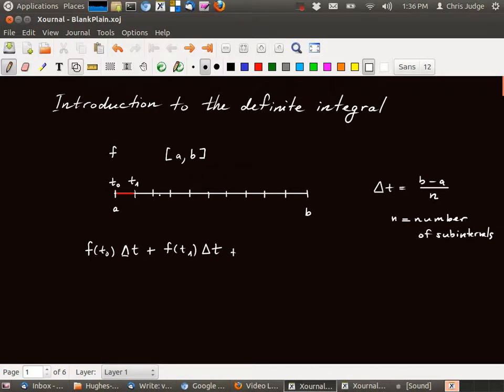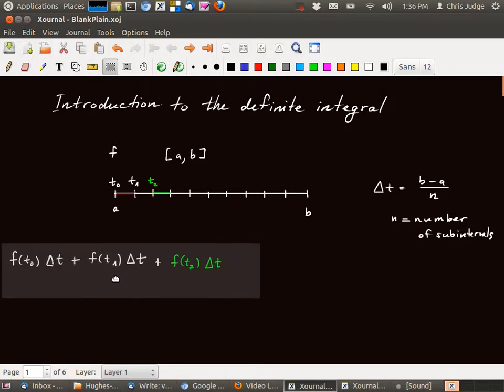And we continue. The next subinterval would be given by the value of the function f of t2, because we're taking the left endpoint, times the length of this interval, which again is delta t.